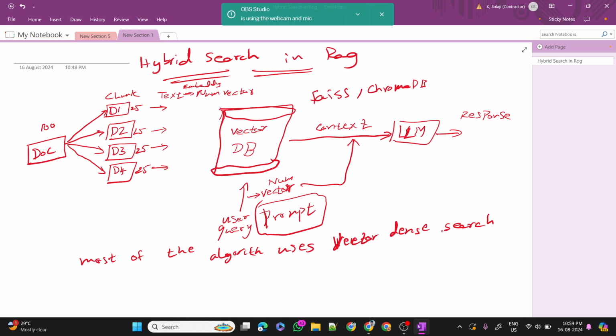In this dense search, we use cosine similarity. We already know what cosine similarity is. Cosine similarity uses the cosine similarity formula to retrieve the data.